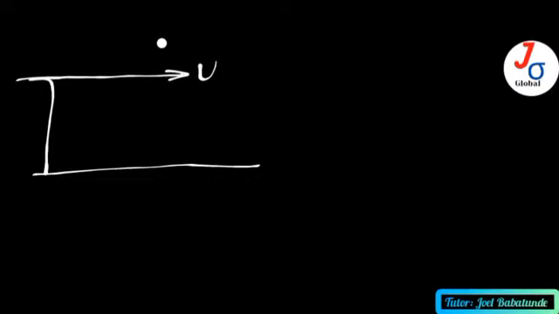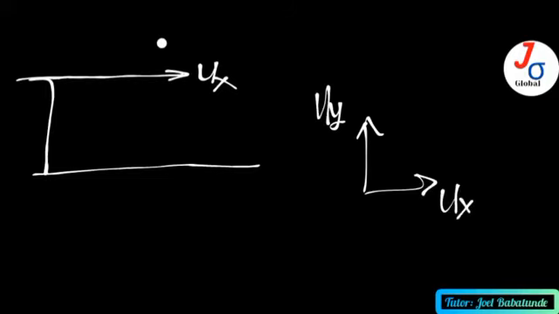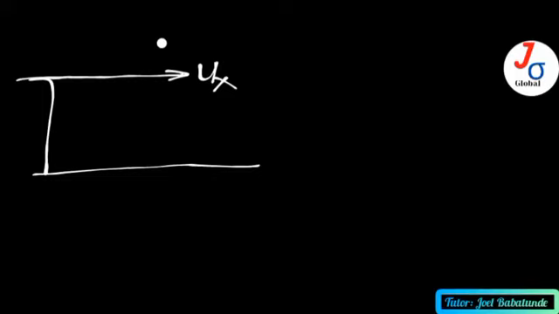So that is going to be U, but it's going to have a subscript X. And why? Because the initial speed is actually in the X direction. This is the Y direction, UY, and this is UX. So this is the U in the X direction, and that's the U in the Y direction. Okay, good. So the ball has to be projected horizontally, that's in the X direction.